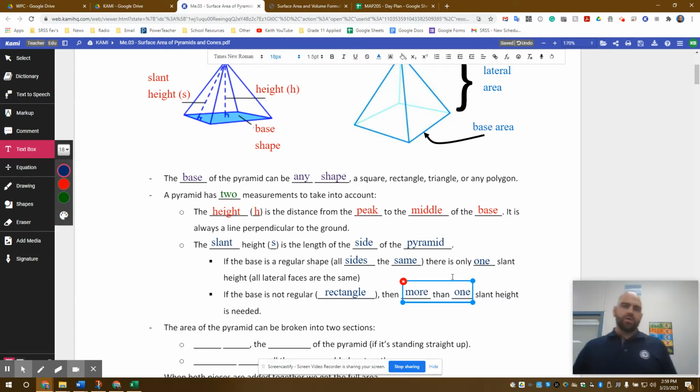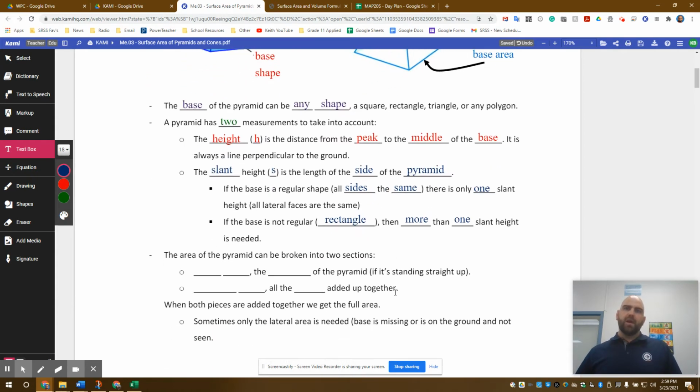Okay, we're not going to worry too much about that right now. We're going to look first at regular shapes when it comes down to finding surface area, but we will get into non-regular ones or a rectangle a little bit later on.